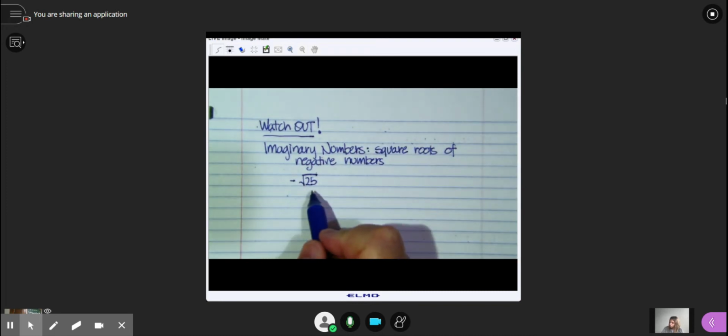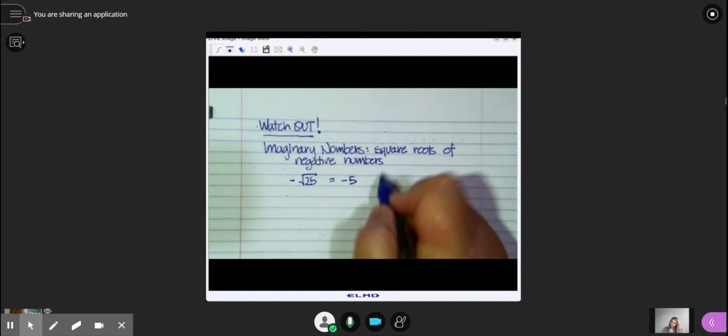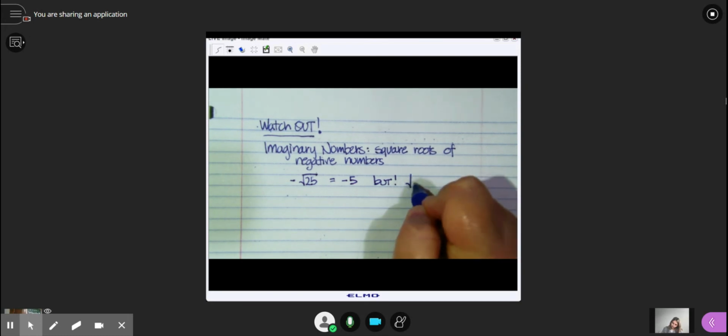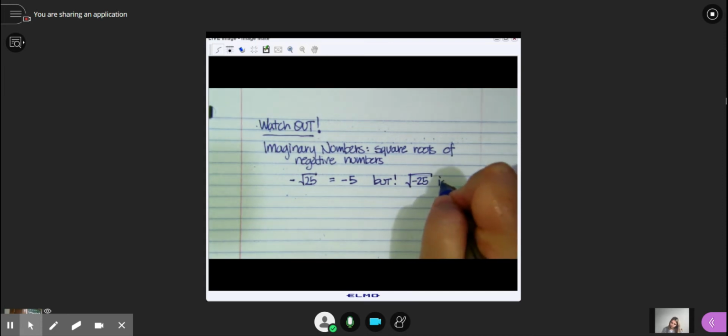A negative square root of 25 would be a negative 5. But the square root of a negative 25 is imaginary.